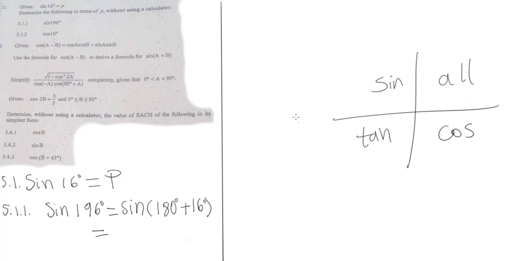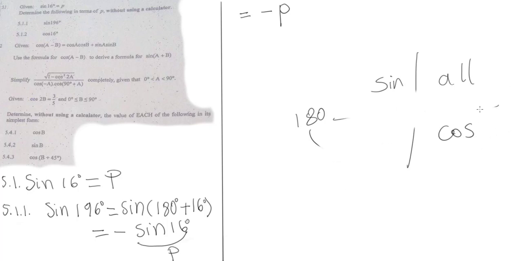So 180 plus will be here, meaning that tangent is positive, others will be negative. So we have a minus sine 16 degrees. So what is sine 16 degrees equal to? p. So we say the answer will be equal to minus p. Wow. Now let's move to the next question.